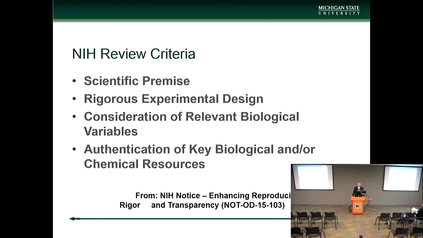Consideration of relevant biological variables, and this also includes sex as a biological variable, both of which we'll be talking about today. And then the final area that they have drawn to our attention is authentication of key biological and/or chemical resources. This would be cell lines, transgenic animals, a wide variety of topics here. So these are the general criteria.